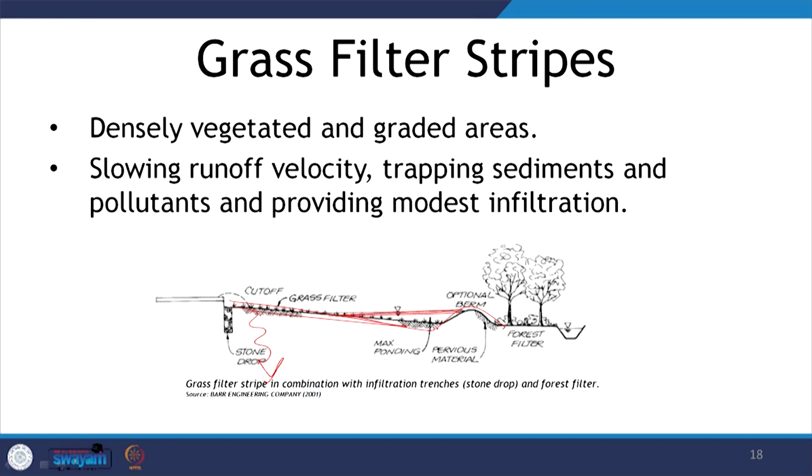This berm allows all the solids to be retained here, and after retaining, the water flows further into a forest filter, where the roots of these trees allow more and more percolation down, and then we can further have an infiltration trench or a drain which may carry the excess of the storm water.